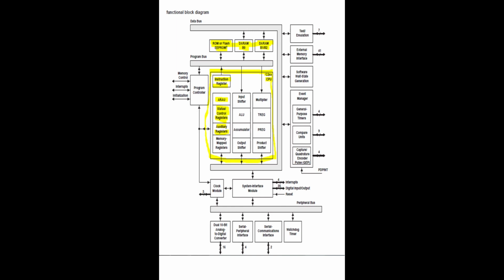Those registers are used to point to the memory location of a content. That memory location, meaning the 16-bit address, will be available in AR0 to AR7. Either in AR0 or AR1, anywhere you can load the address.